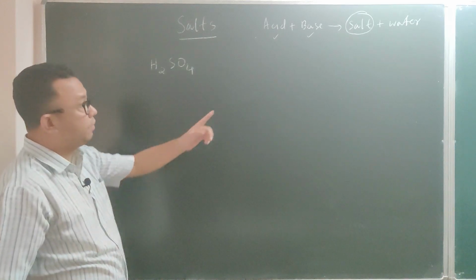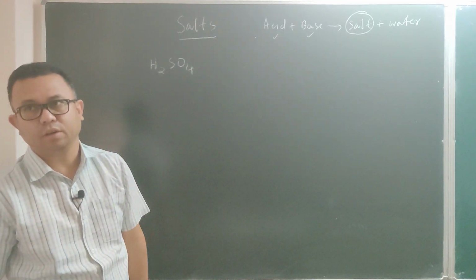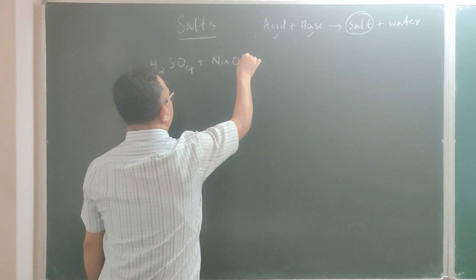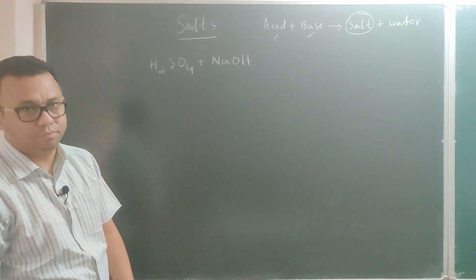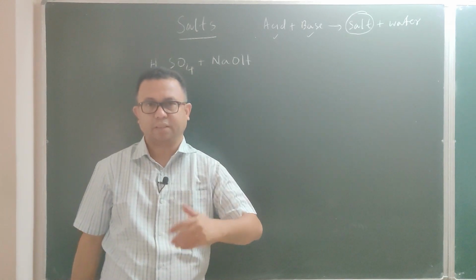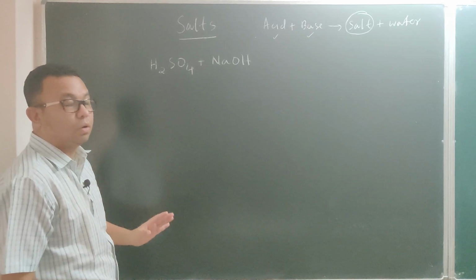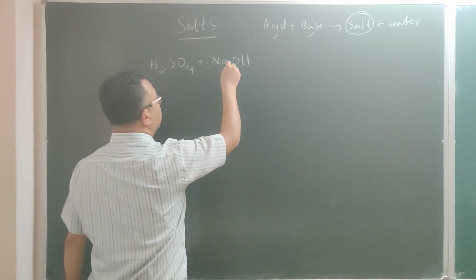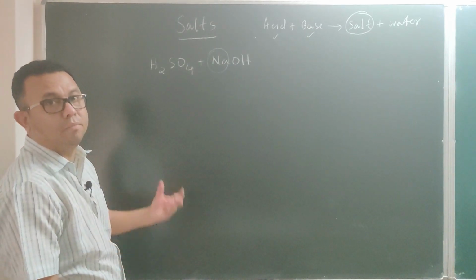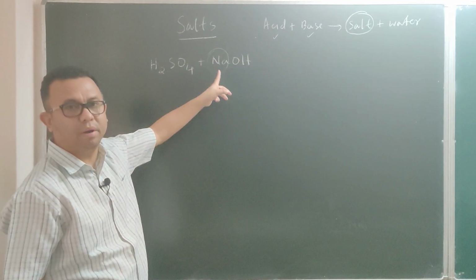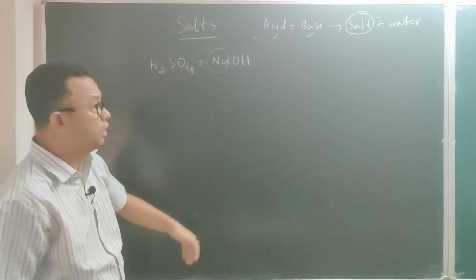I'll just show you one reaction. This is sulfuric acid, I'm picking it for a neutralization reaction, and here I'm taking a base. So acid is reacting with base. First let me explain this reaction, then I'll come to the real definition of salt. Whenever a salt is formed, the metal of a base, or a metallic radical, it can be ammonium also, by the way, like ammonium hydroxide, so it's not necessarily only a metal.